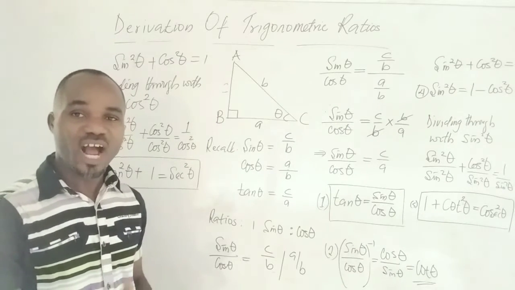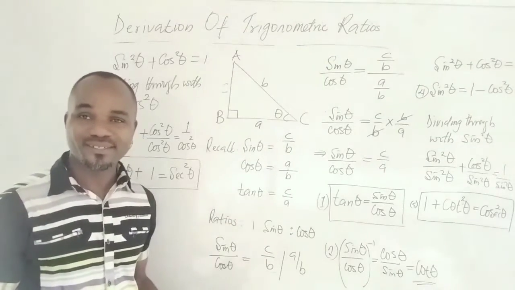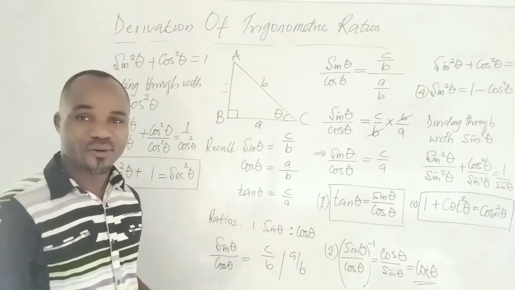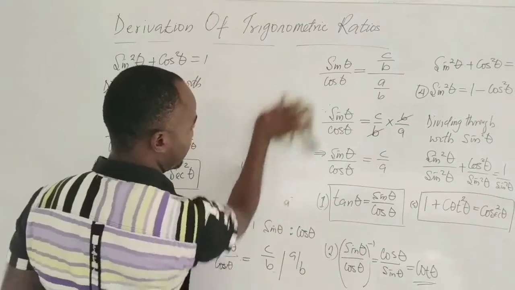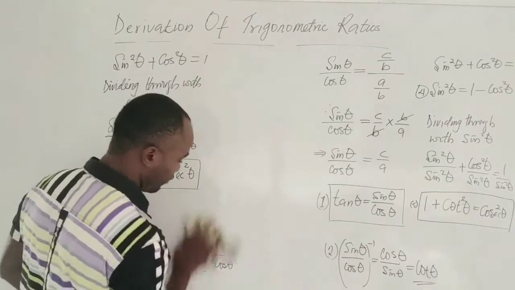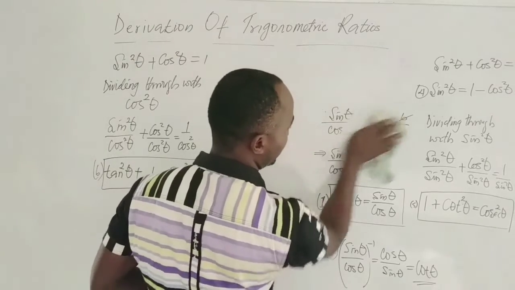Now let us see how these relations can be applied in solving one or two questions. Right away, we are going to clean this, and the question too, to have enough space.